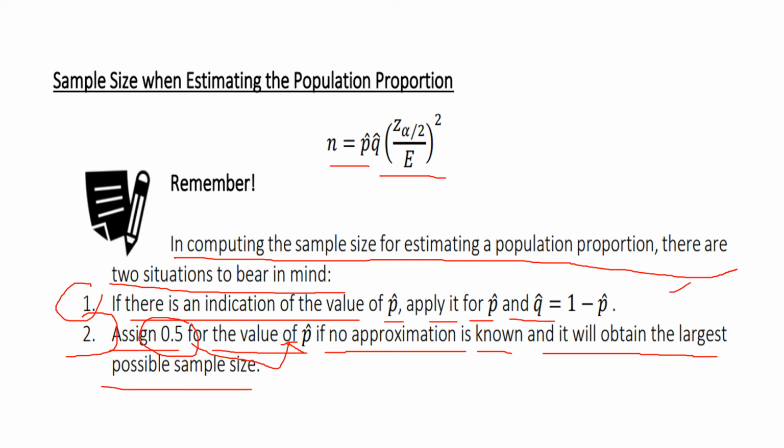So there are two situations that we need to take note of. If there is a value of your p hat, then we use the formula q hat is equal to 1 minus p hat. If there is no value for your p hat, then we assume that your p hat is equal to 0.5.